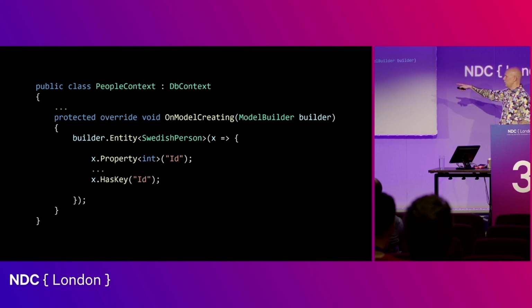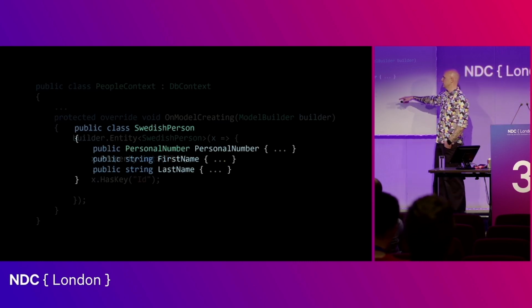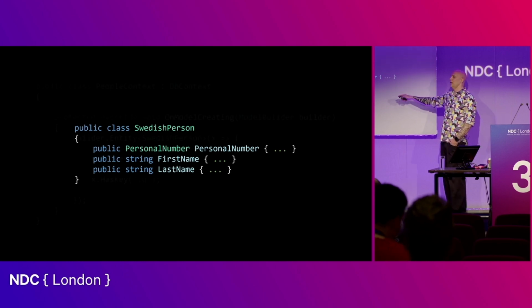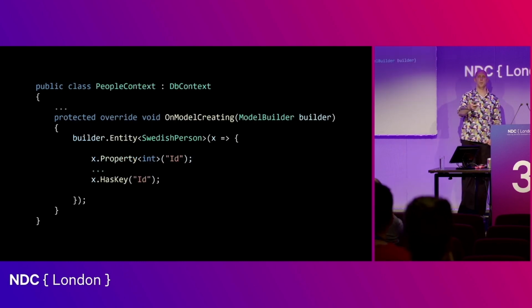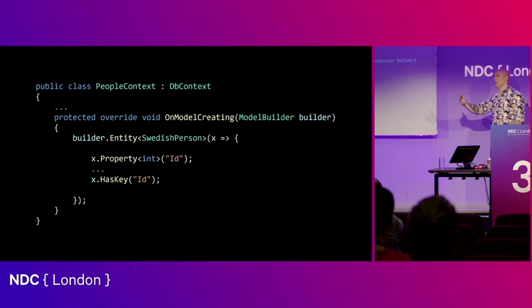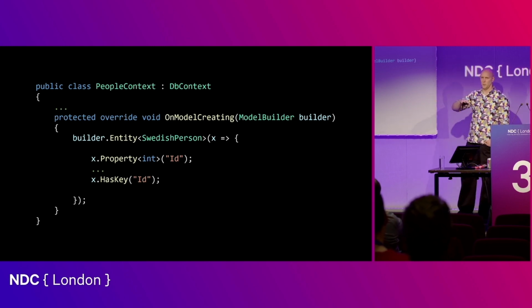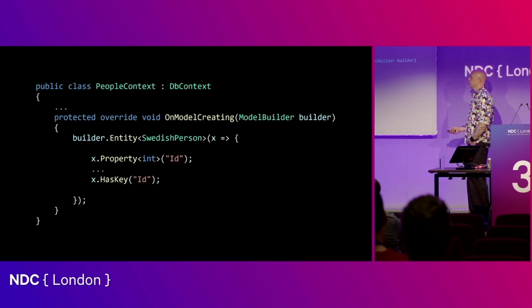And as I said, if you just go property of T with ID, and you have this class here where there is no ID, Entity Framework will create a shadow property, and it will keep track of that ID inside the DB context without you having to have it on the actual object, which means that it is gone, it's never visible, but it's still there for your joins.